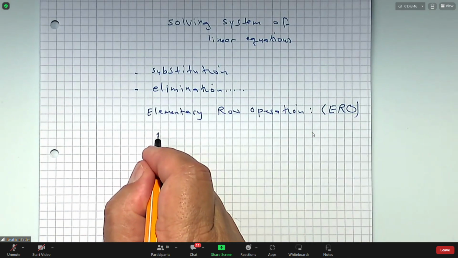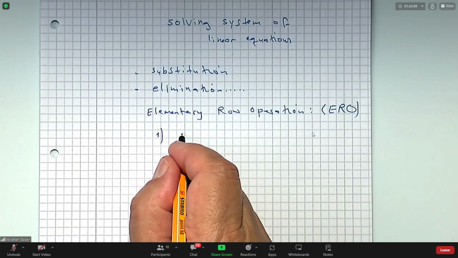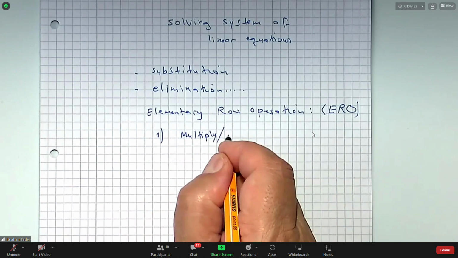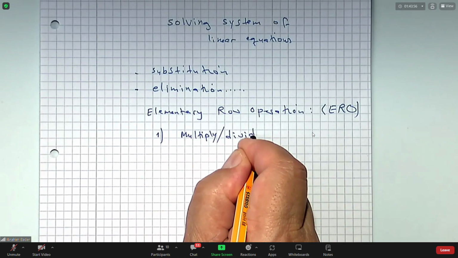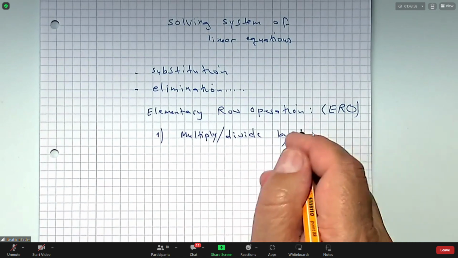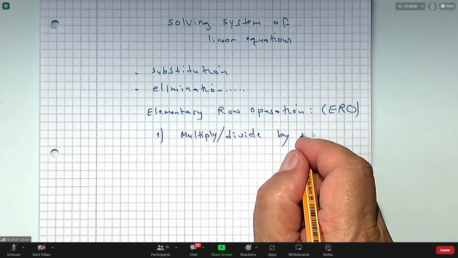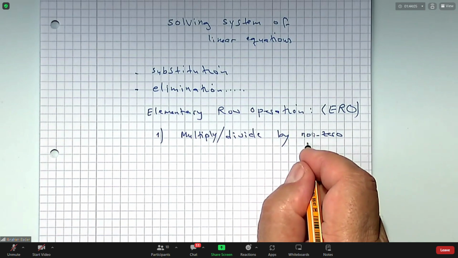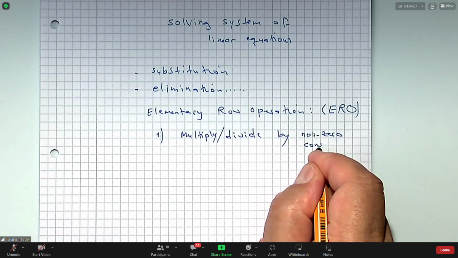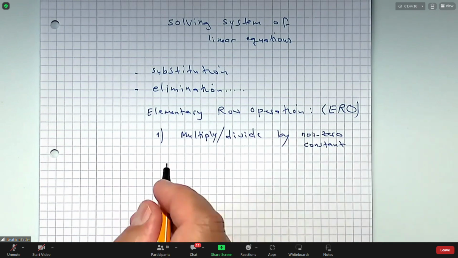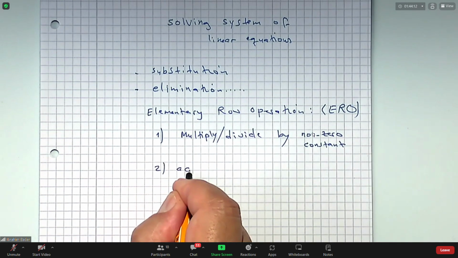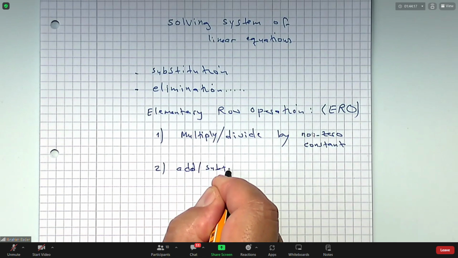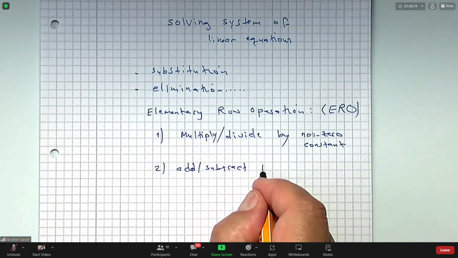The first operation is you can multiply or divide a row by a non-zero value or constant. The second one you can add or subtract two rows.